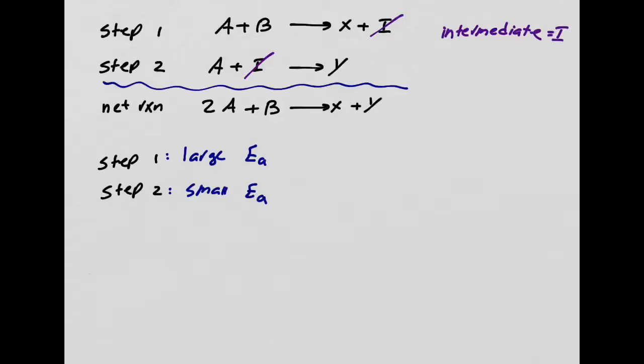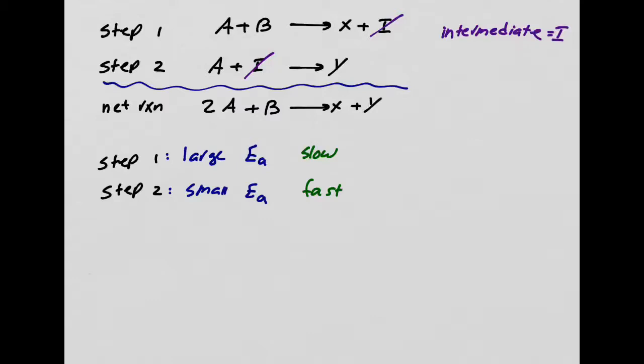If you have a large activation energy, that's going to be a slow reaction because you have a huge hump to get over. If you have a small activation energy, that's going to be a faster reaction because you have a tiny bump to get over. All right, so far so good.